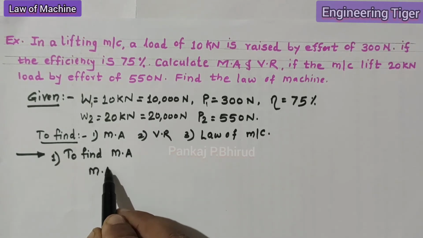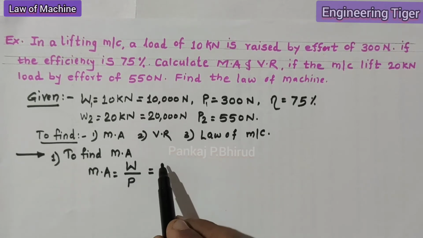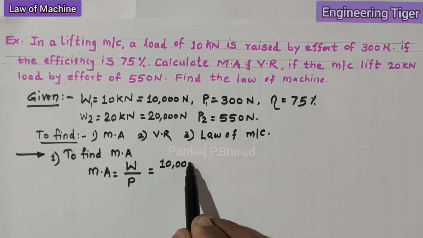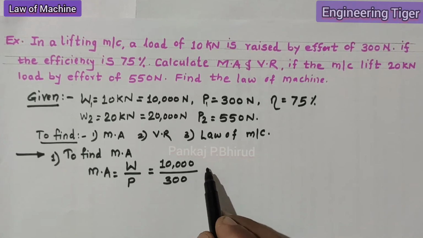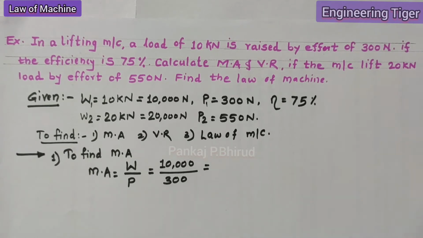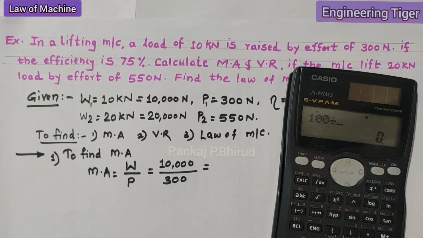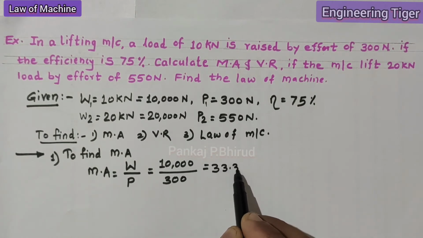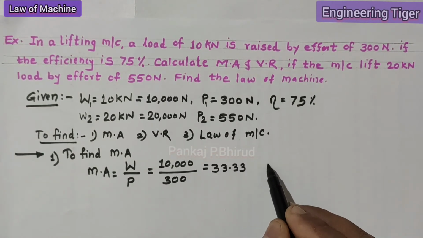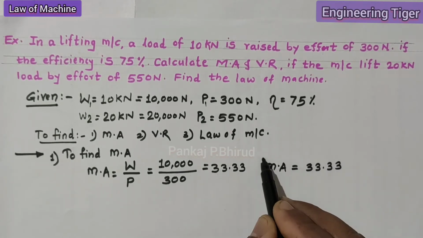So MA equal to W upon P, so it is 10,000 upon 300. So it is 100 upon 3, that means 33.33. So MA equal to 33.33, no unit.